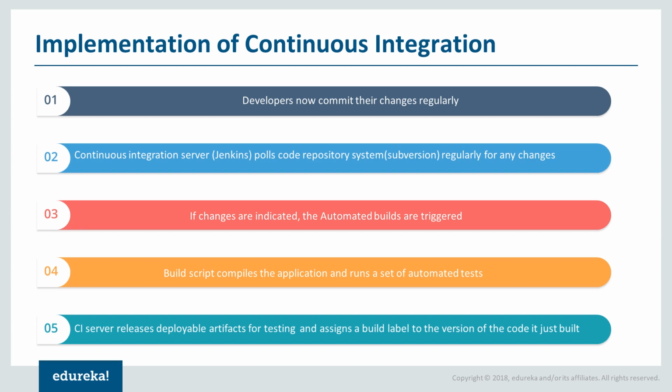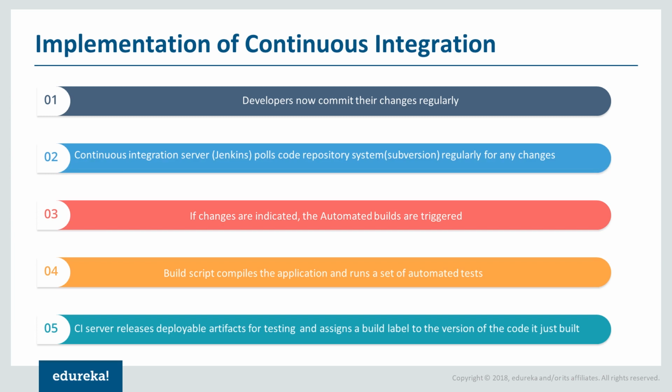Step 2 would be that the continuous integration server, such as Jenkins, will poll the code repository system. As we have spoken before, polling the code is one of the ways. We have a number of different ways to trigger a job in an automated fashion, which we will take a look at in a very detailed way. So Jenkins will poll the repository, which can be SVN, Git, or any other SCM tool, for any changes.